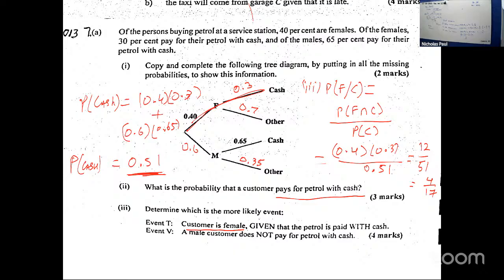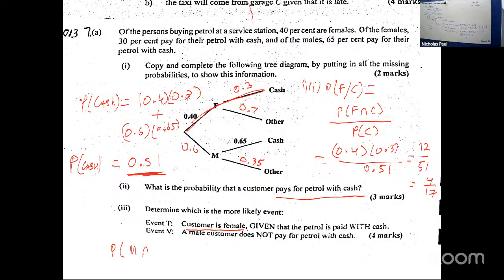Now do event B from another place. Probability of, how to write it up here. How to write B. A male customer does not pay with cash. How would I write that? It will be M for male. Is it given or is it intersect?